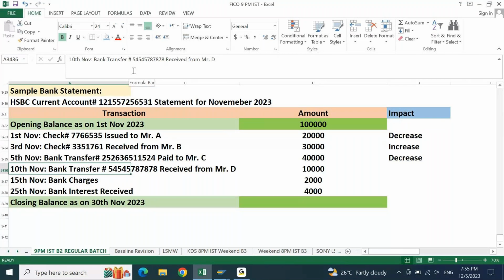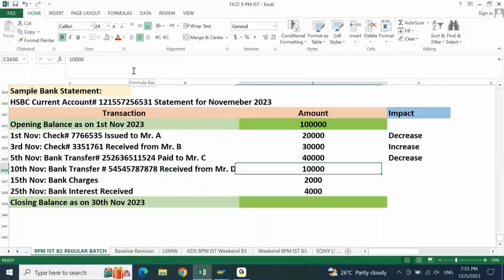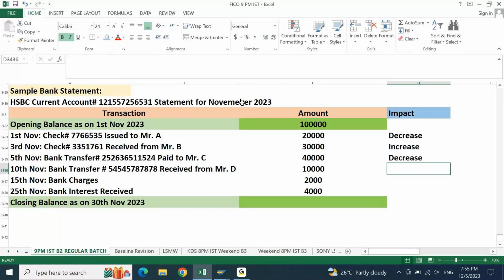Any receipt in your bank account will increase the balance. Anything which is increasing, I am going to write it as increase here. I will write this as increase.